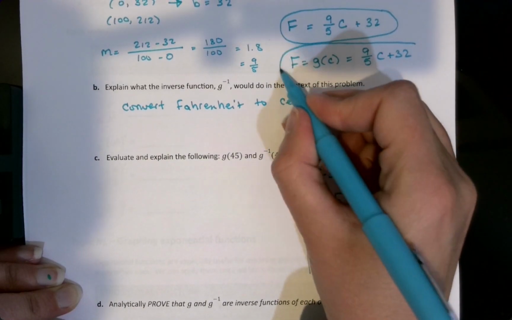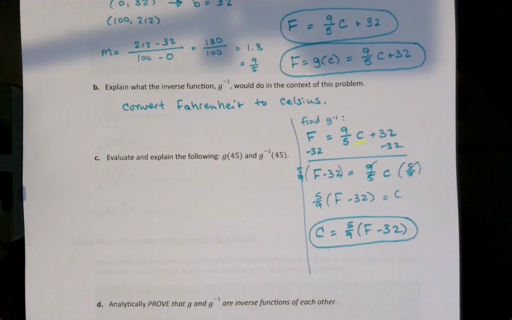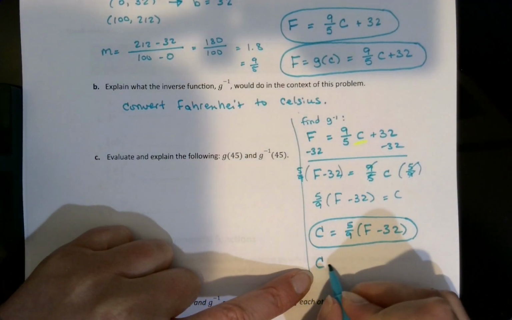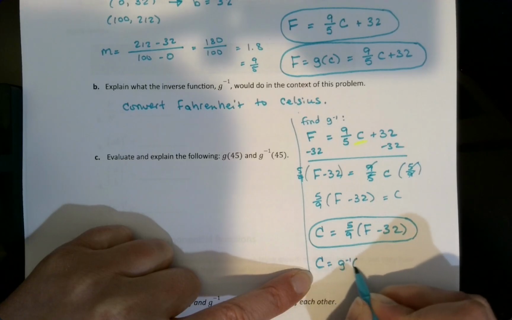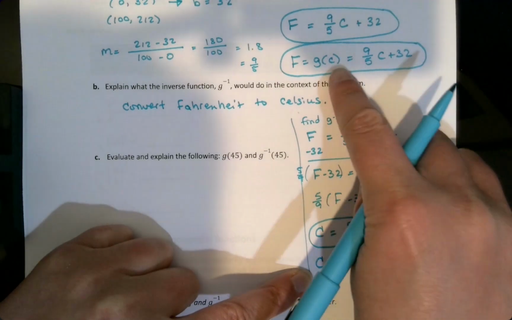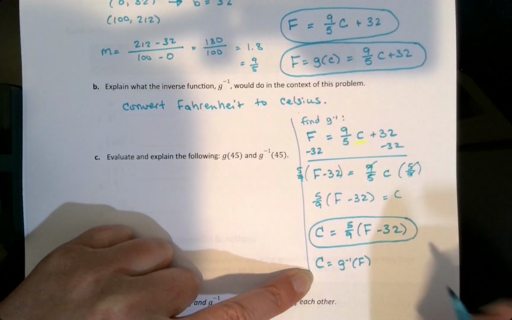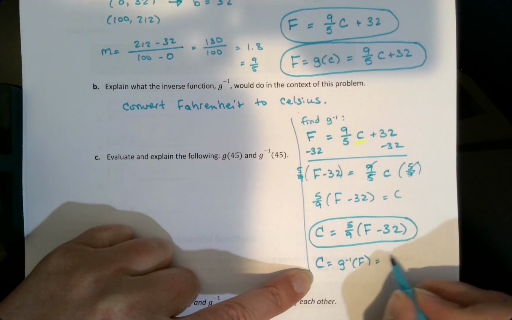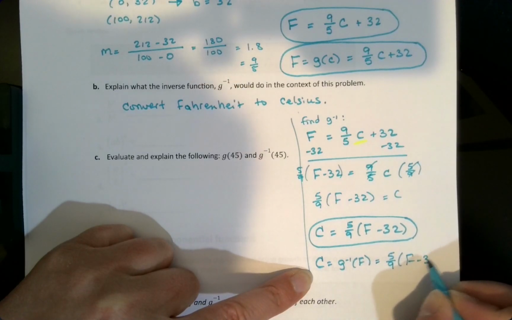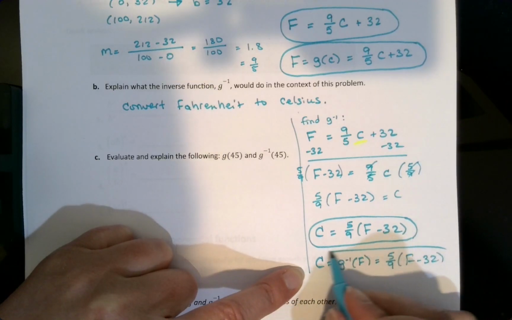That just puts it not only in equation notation, but also in function notation. So we're going to do the same thing here. This will be C equals g inverse of F. F is the argument of the inverse function, so these do change. C being the argument of the original, F the argument of the inverse. That way we're able to express this in both function and equation notation.